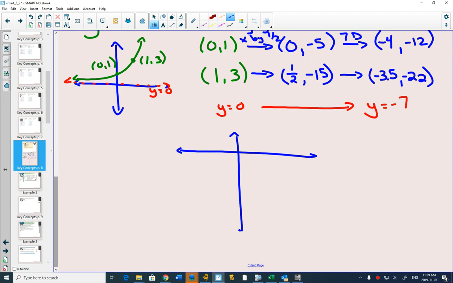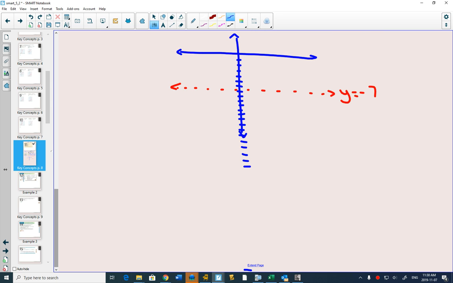I'm going to draw my scale like this. 1, 2, 3, 4, 5, 6, 7. There's my asymptote at y equals negative 7. I have to label the points. 4, negative 12, 8, 9, 10, 11, 12, 13, 14, 15, 16, 17, 18, 19, 20, 21, 22.